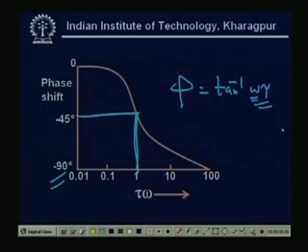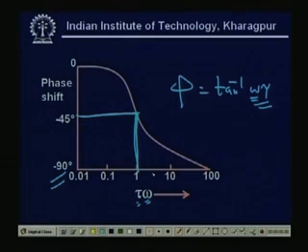So, this is about the amplitude and the phase response of a first order system with sinusoidal input. Now, this is important because, as I told you earlier, omega plays a key role in finding the response of first order and second order instruments with sinusoidal input.